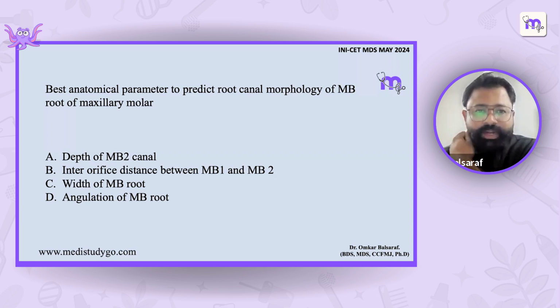Best anatomical parameter to predict root canal morphology of the mesiobuccal root of a maxillary molar. As we all know, the maxillary molar has an extra mesiobuccal root, labeled as MB1 and MB2. So the answer here is inter-orifice distance between MB1 and MB2.